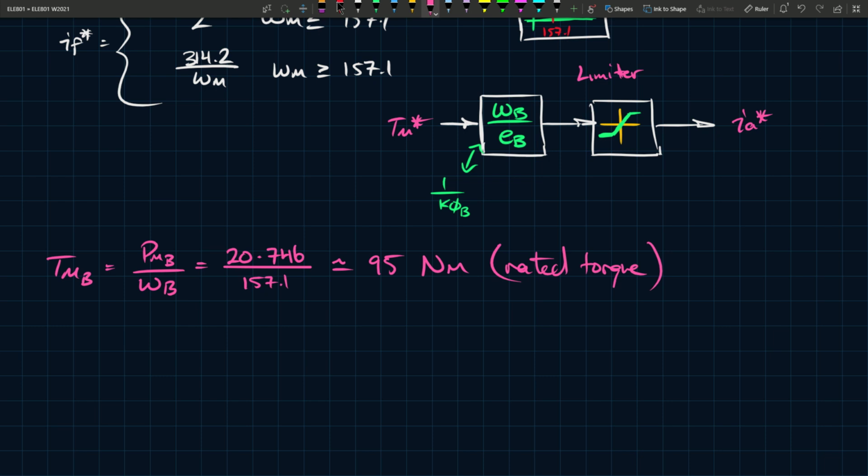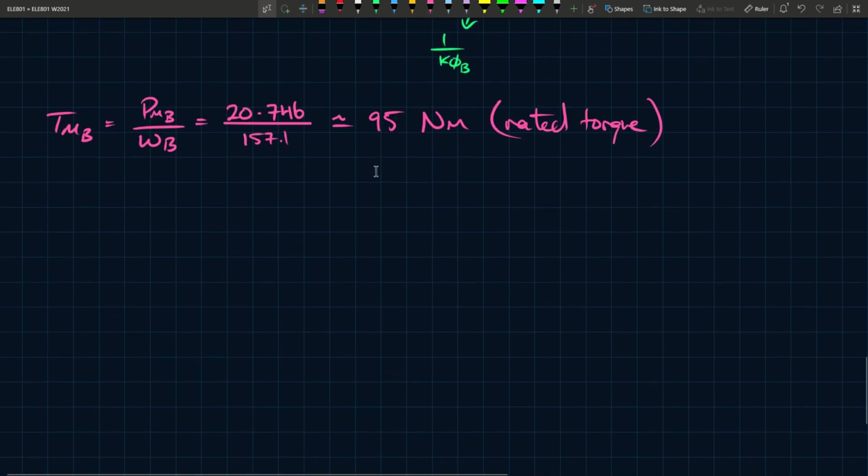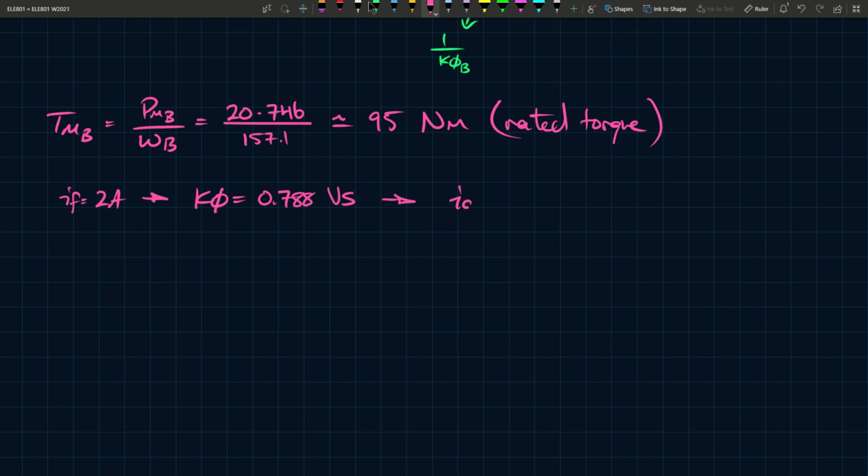So, given that you have your rated torque, you know that IF equals 2 amps, and that means K phi equals 0.788. Again, this is from our table at the top. Let's say then we have Tm equals K phi IA.